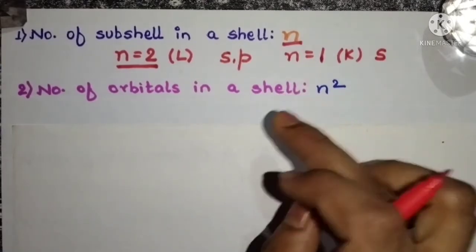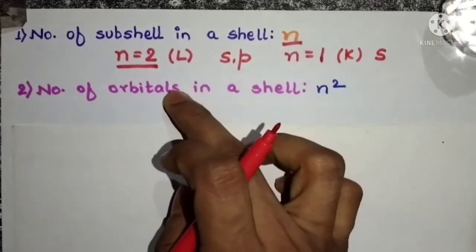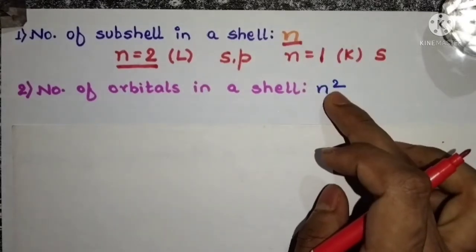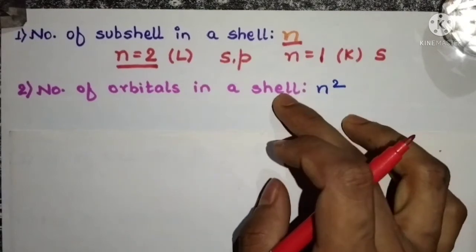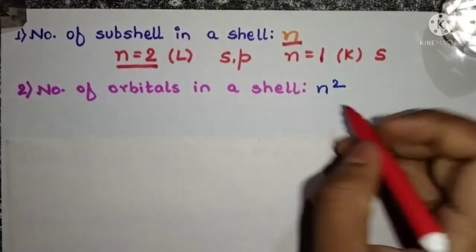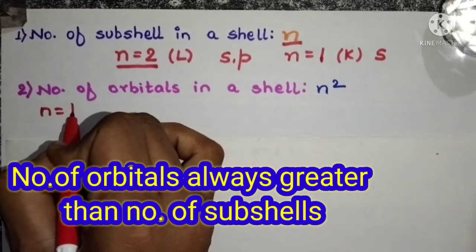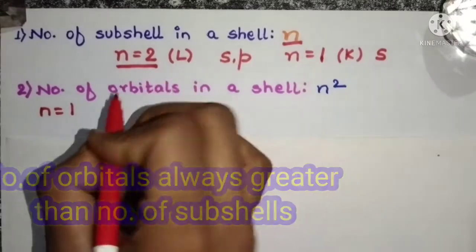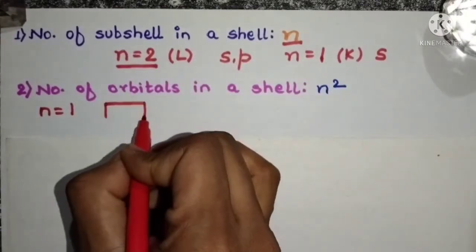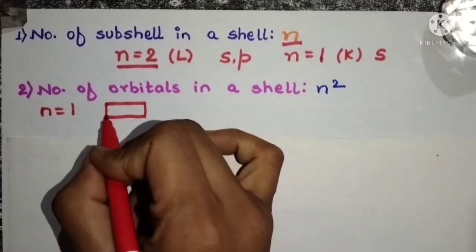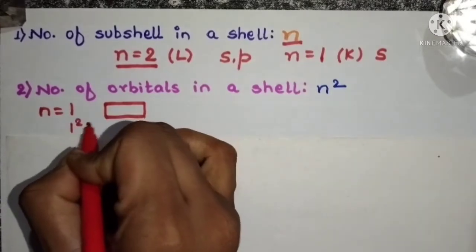Now moving further to the second formula, the number of orbitals in a cell. When you know the n value of a cell, the number of subcells is n, and the number of orbitals is always the square of n. Just remember that the number of orbitals is n square. For n equals 1, there is only the S subcell, and in S there is only one orbital, so the number of orbitals is 1 square, that is 1.